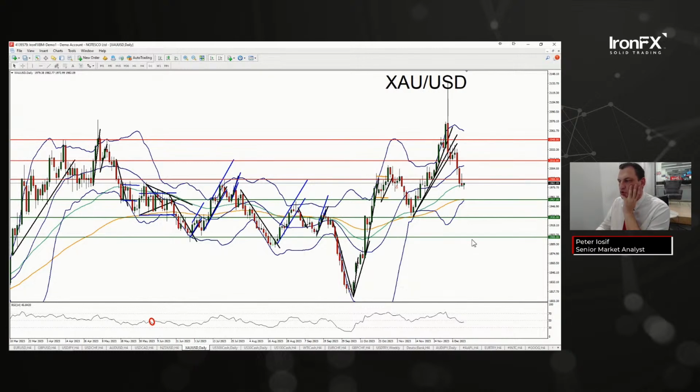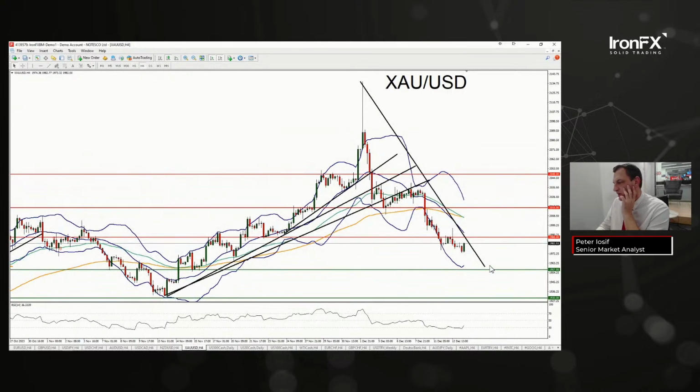Okay. So should gold's price continue to fall, then we may see it aiming for the 1957 support line, which would be the first big test.